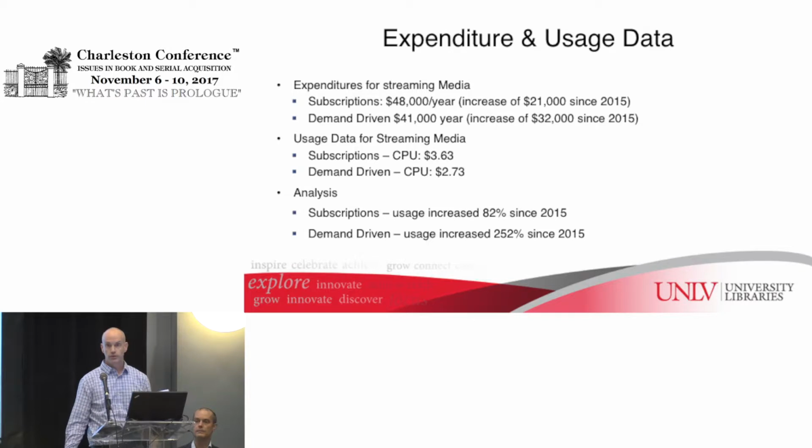So for UNLV, looking at all of our subscriptions for streaming media, our cost is around $3.63 per use. And for DDA, the cost per use is around $2.73. So they're very similar, very close in cost as far as the dollar figures go. And we were very happy with these figures. Are these good numbers? Maybe, maybe not, but that's why we're here for this presentation.